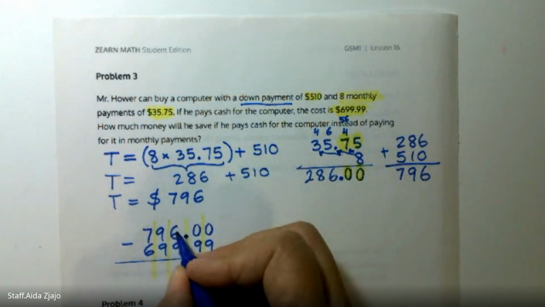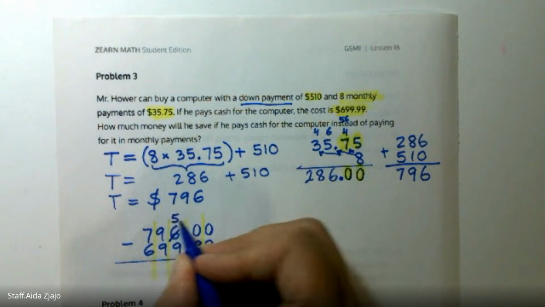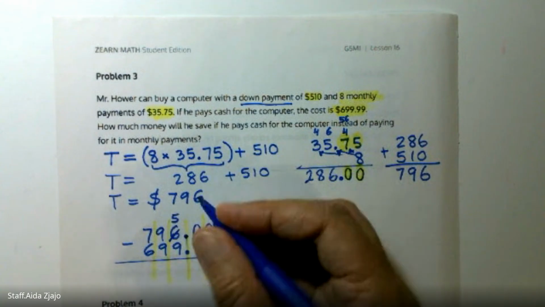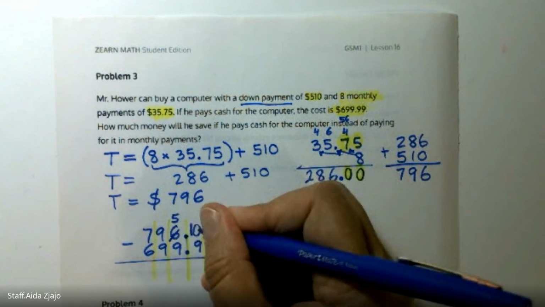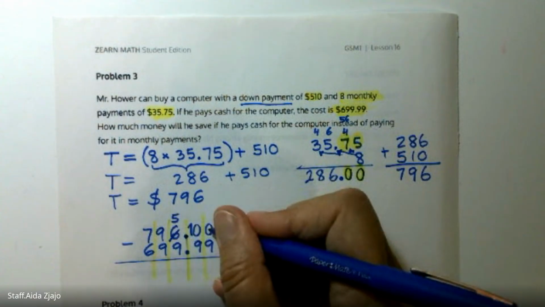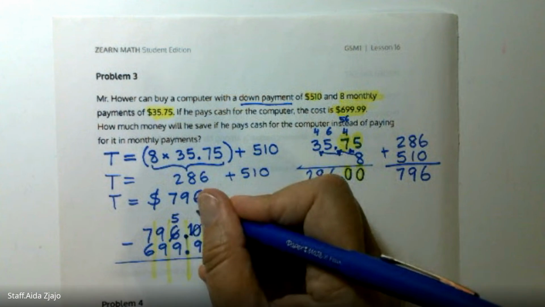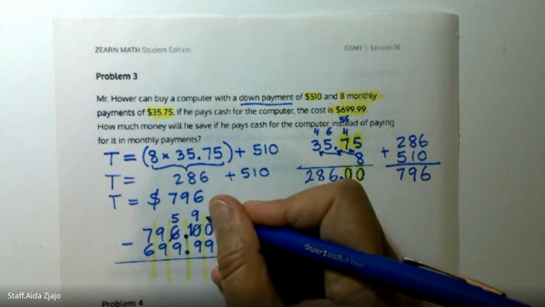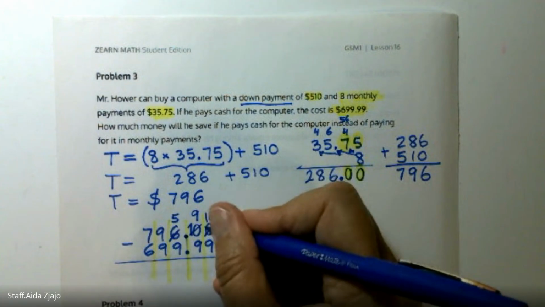So we need to regroup, having this 5 become 10, and then this I will regroup to make 10 as well.